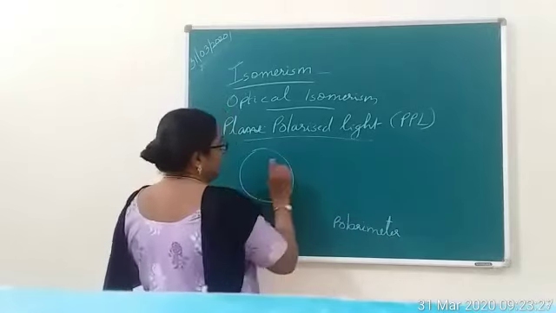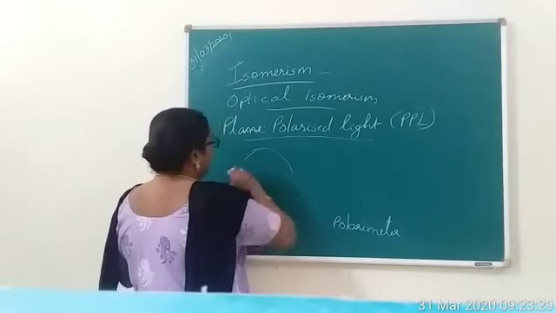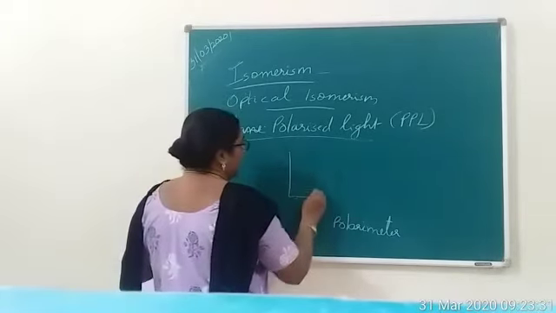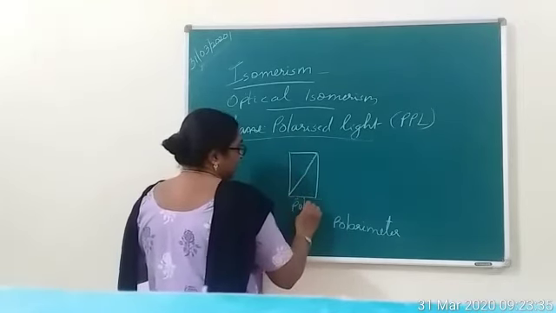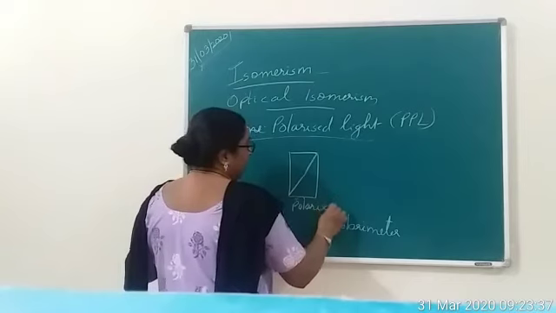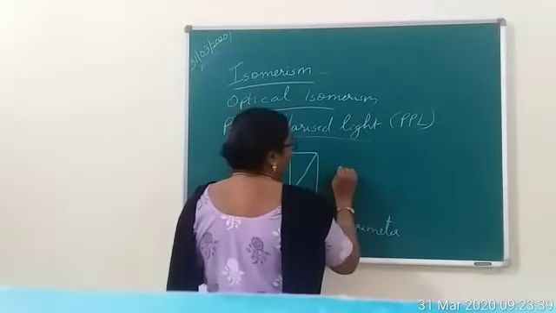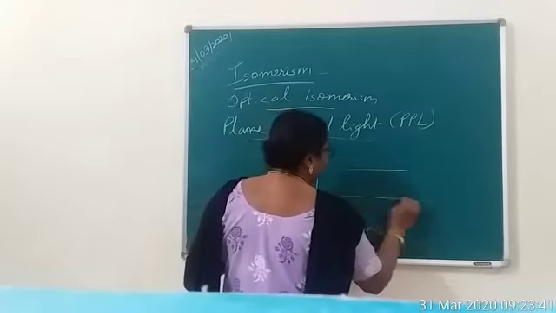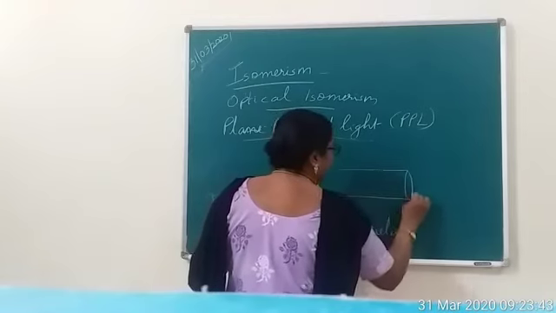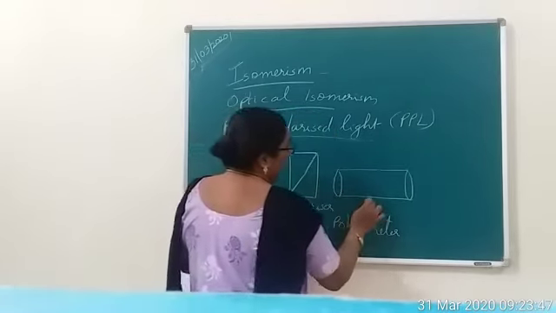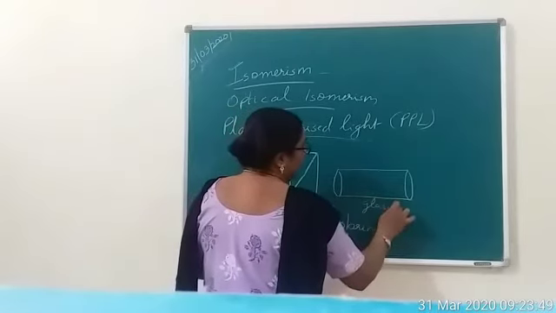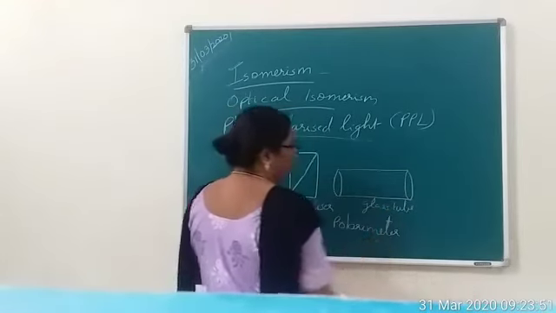First, the light will be passed through a Nicol prism which is termed as the polarizer, and the resultant light will be allowed to pass through a glass tube which contains the sample solution.